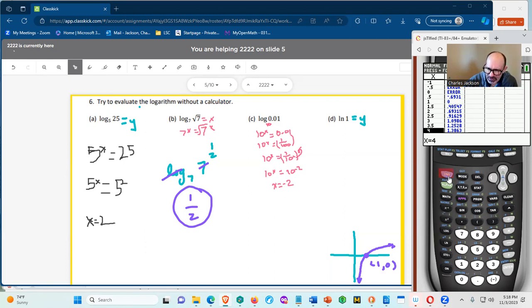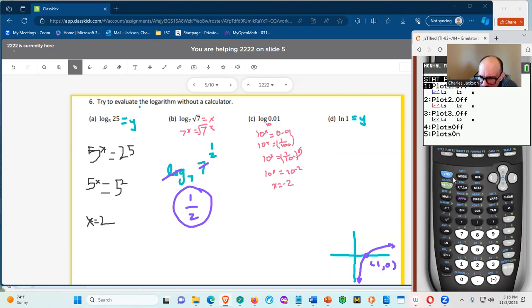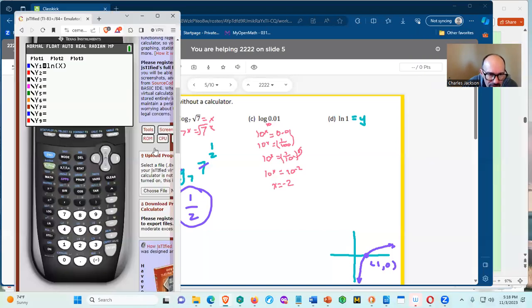In fact, let's look at e to the x. The natural log is the inverse of e to the x.